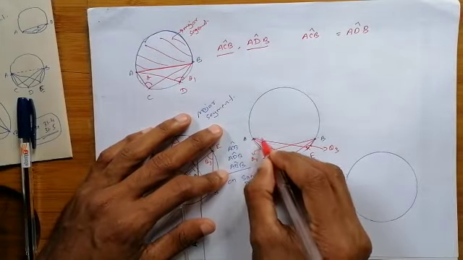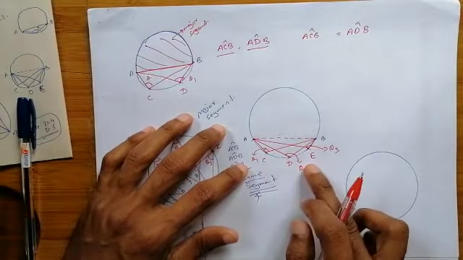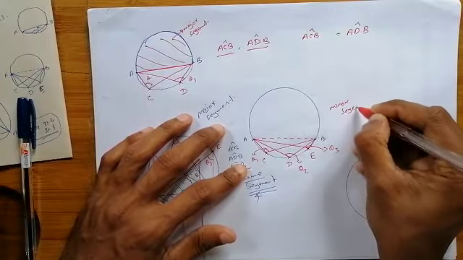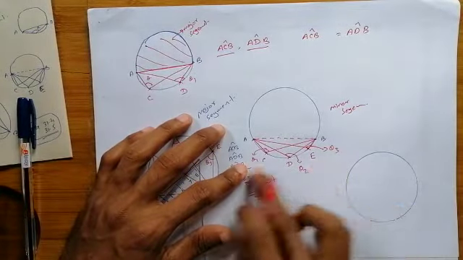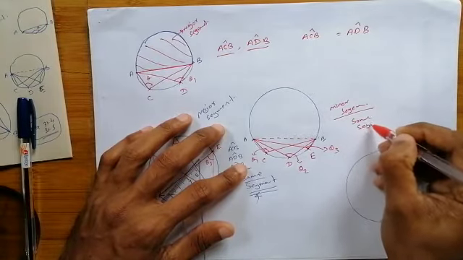If you connect AB, the points C, D, E are on the minor segment. In other words, C, D, E points are on the same segment.